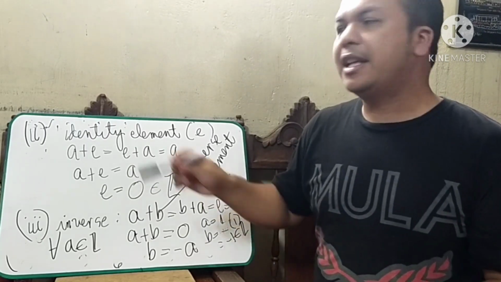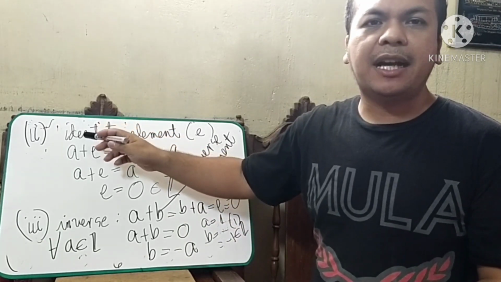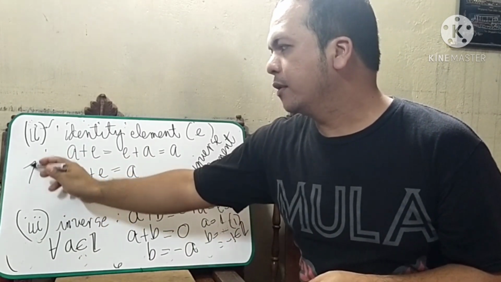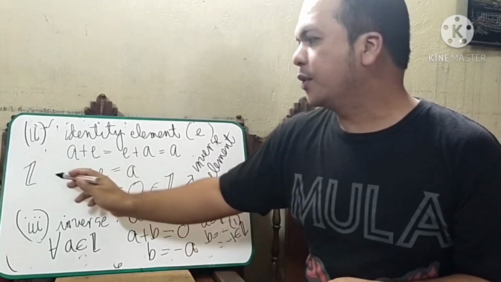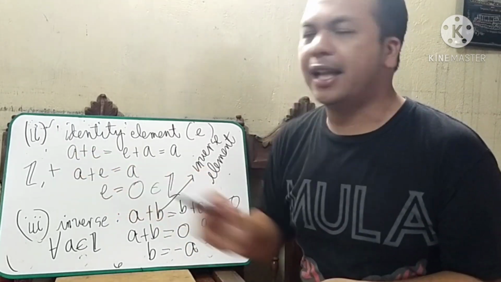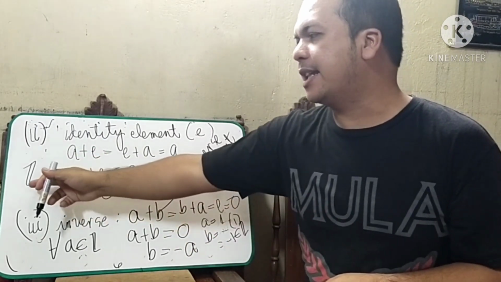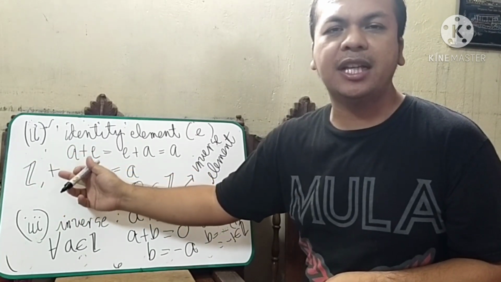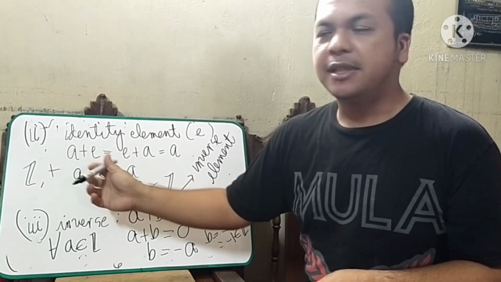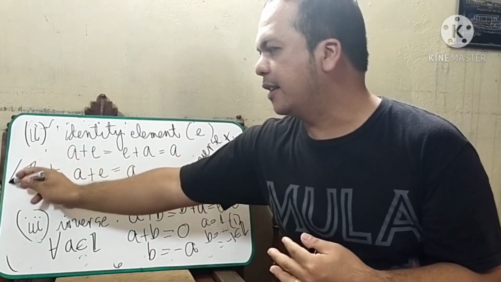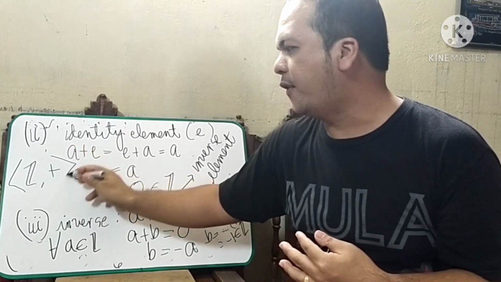So since these properties are satisfied by the set of integers together with the binary operation addition, then we can say that this set together with the binary operation addition is a group. And since it is a group, we can therefore denote that using this symbol for group.